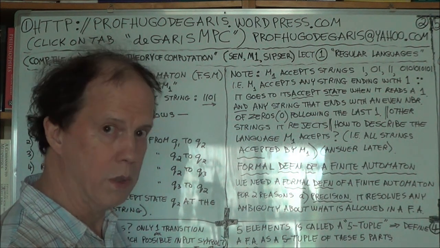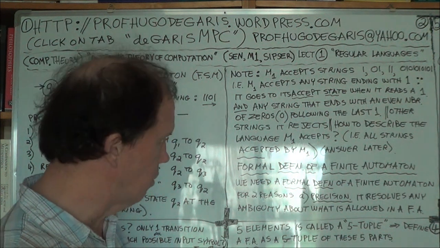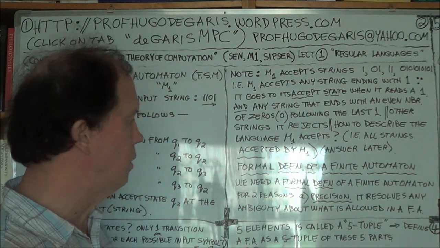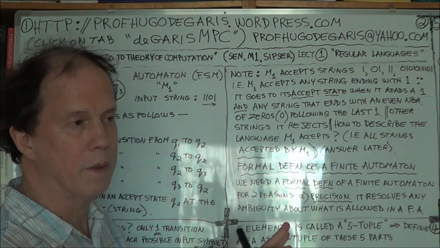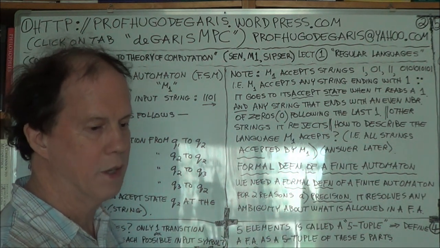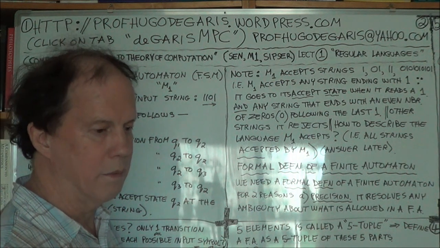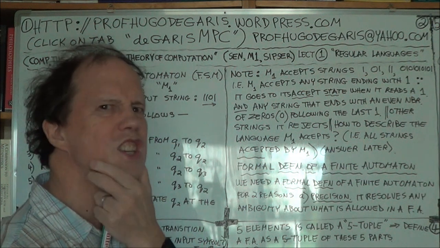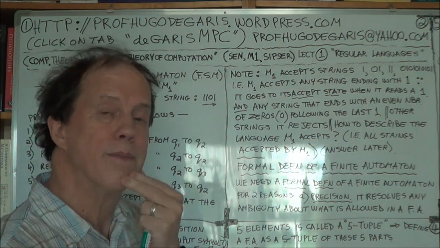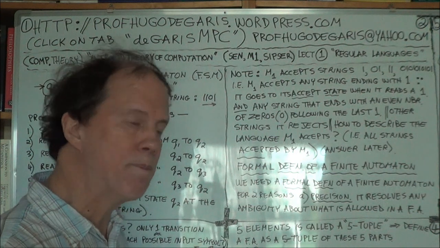And you may ask, well, why? What's the point of doing that? Well, there are two main reasons. One is precision. If you have a strict definition, then quasi-ambiguous, fringy questions can get answered by the strictness of the definition.